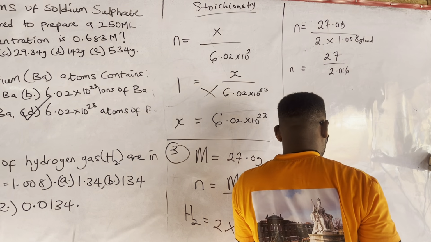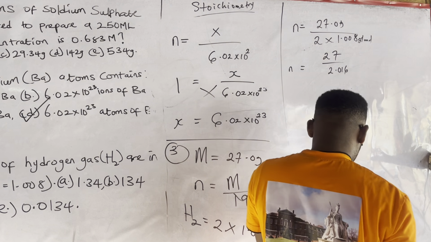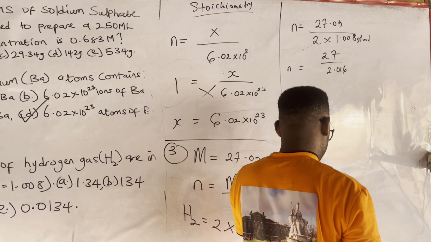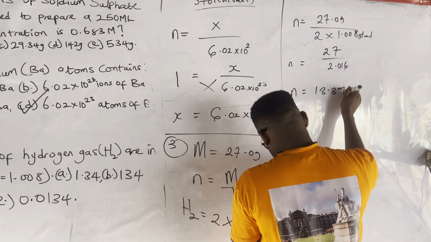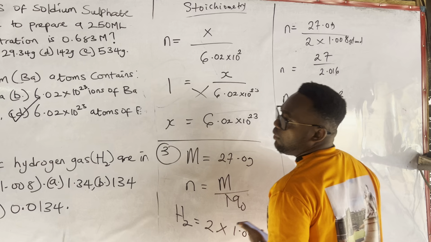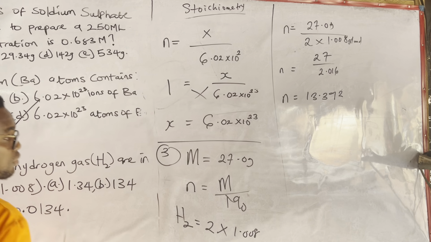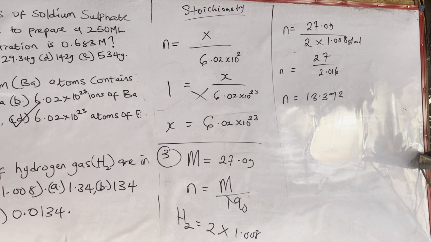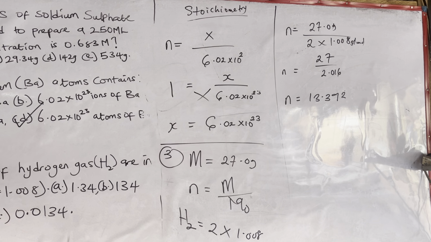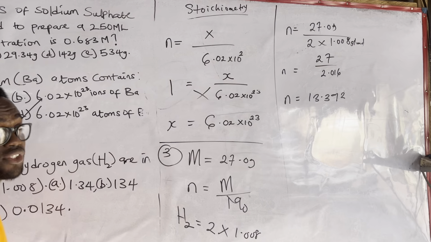We get the number of mole to be 13.392. This is our answer, and now we look for it in the options. We have 1.3, no; 134, no; and that's it, 13.4. That's our answer, option C.